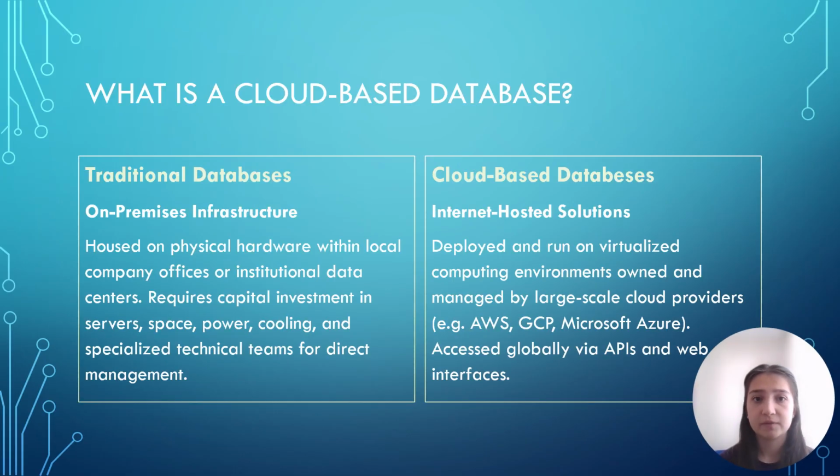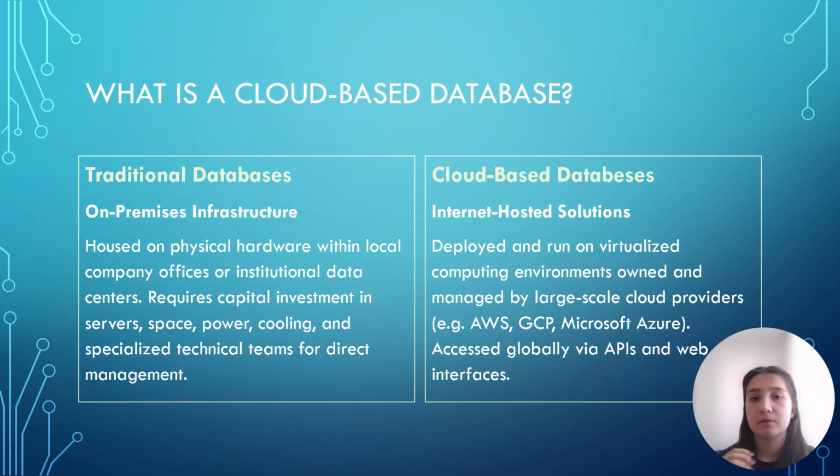Before we talk about the pros and cons, let's define what a cloud database actually is. In a traditional on-premise setup, a company buys physical servers, places them in a dedicated room, installs database software, and hires an IT team to maintain the hardware. A cloud-based database shifts this entire model.